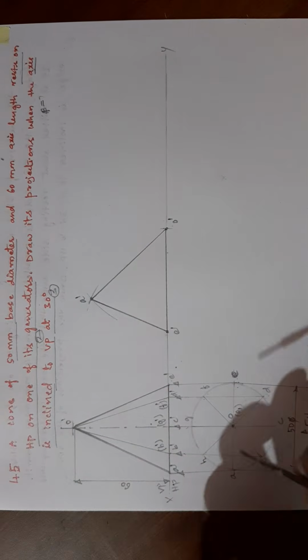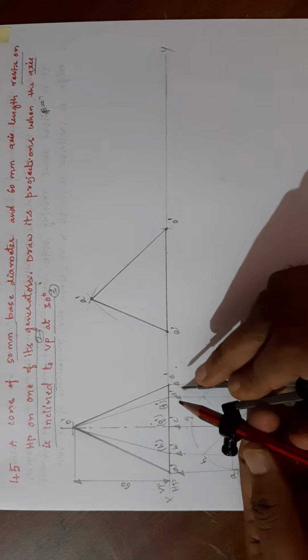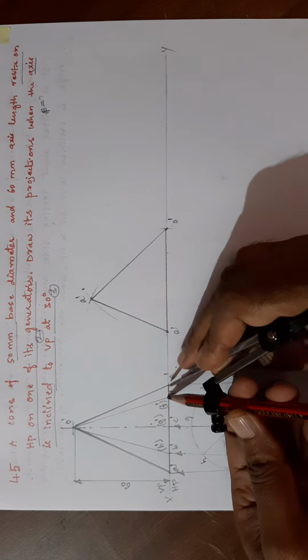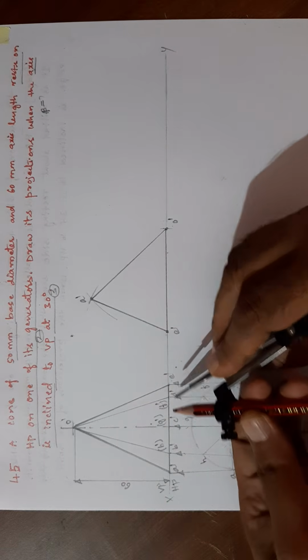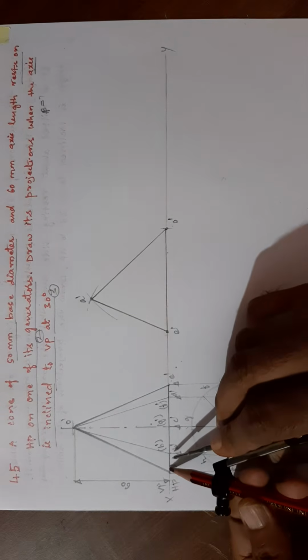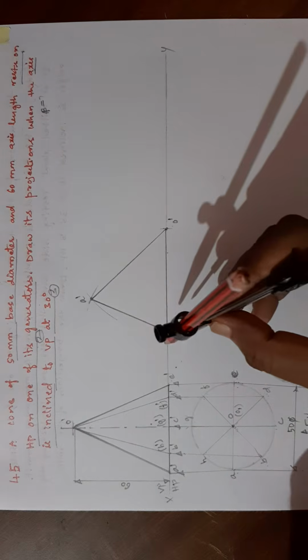Next, mark all the generators. Now see, the generator E dash D dash. Now see, D dash is also equal to B dash A dash here.